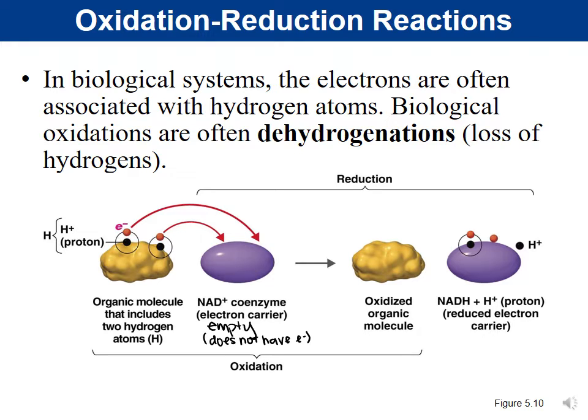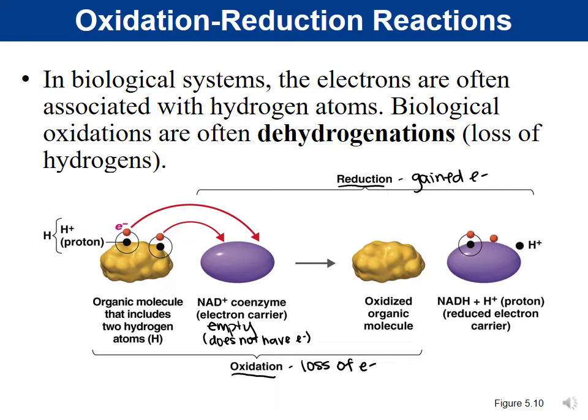It's going to transfer its electrons onto NAD+. So our organic molecule then, our food, becomes oxidized. It loses its electrons. So loss of electrons. The NAD plus becomes reduced.